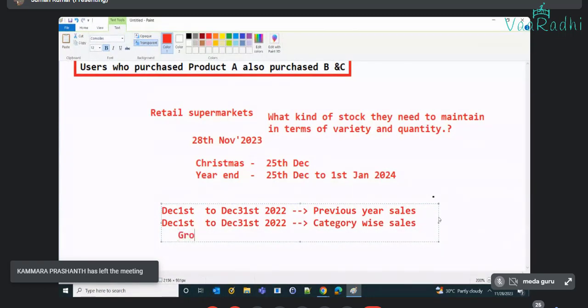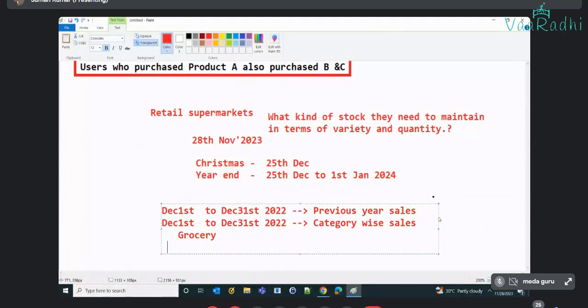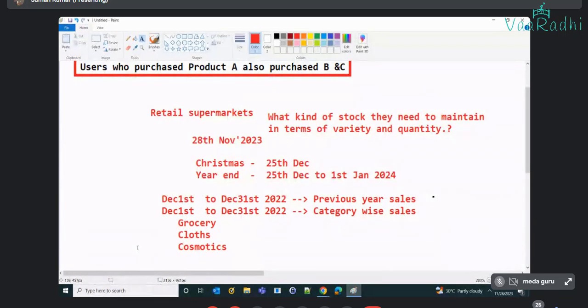Category, I told you, right? Grocery, clothes, cosmetics. Please ignore spelling mistakes here, guys. So this way they'll try to draw some reports based on the previous year data.